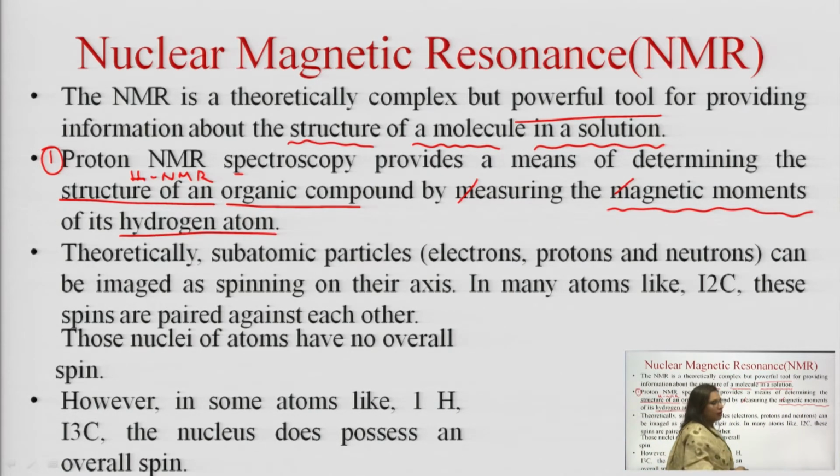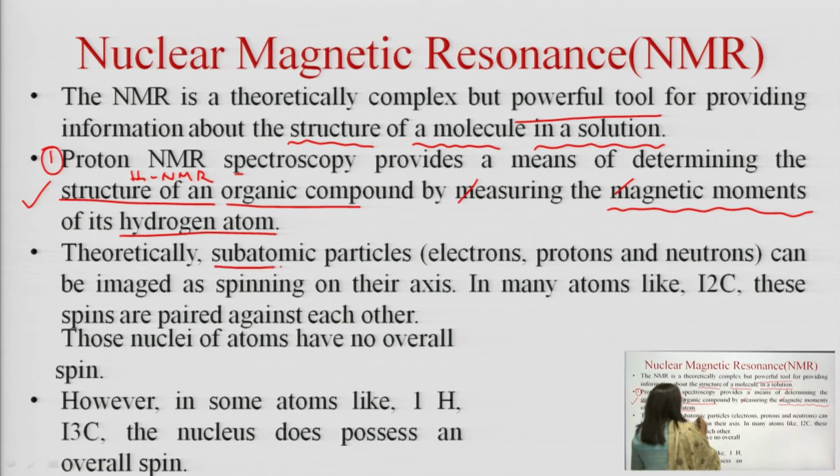In any phytoconstituent, the hydrogen atoms are directly associated with carbon, and their interaction, the number of protons present, and the neighboring atoms present will affect the electromagnetic radiation absorbed, and hence the structure can be computed.